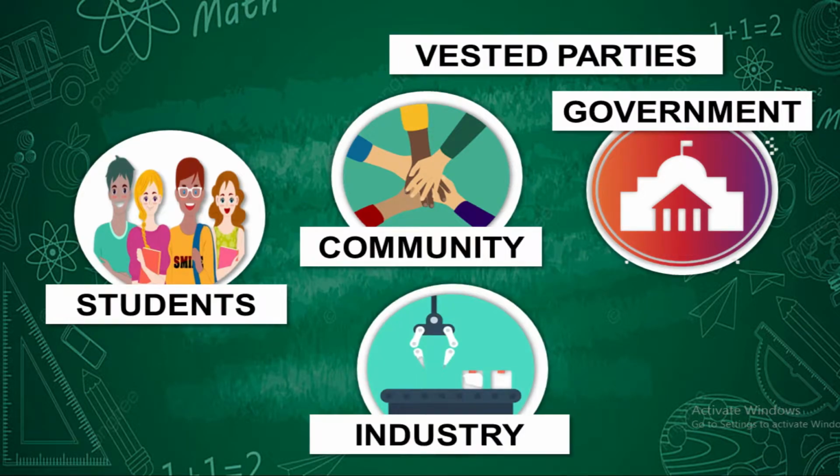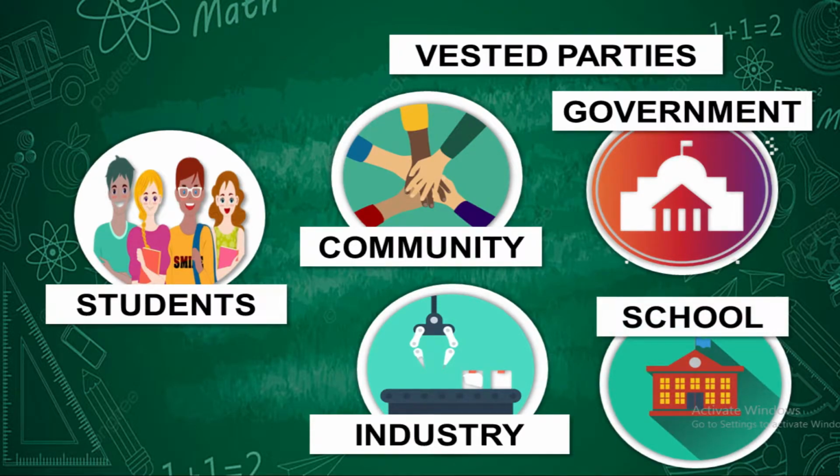We also have the industry, where we align our programs, our courses, our curriculum that fits the students, and prepares the students as they involve themselves during their work immersion. We also have the school, where we teachers are part of it in nurturing, giving the students the necessary knowledge and skills. These are all the vested parties, which make the curriculum.